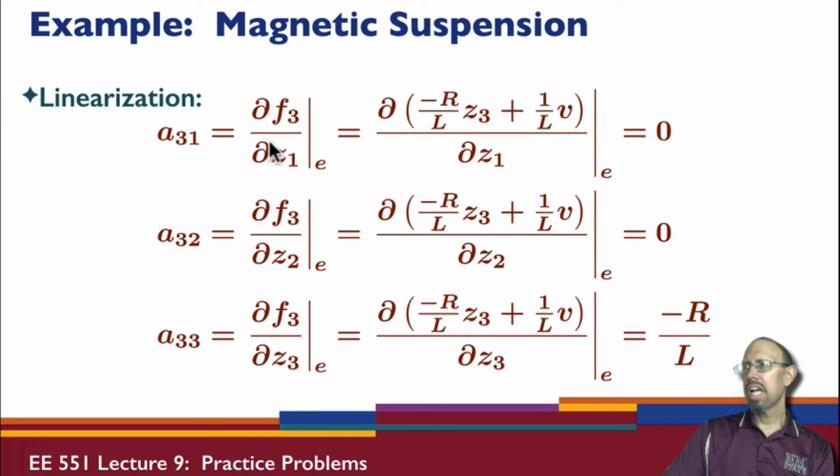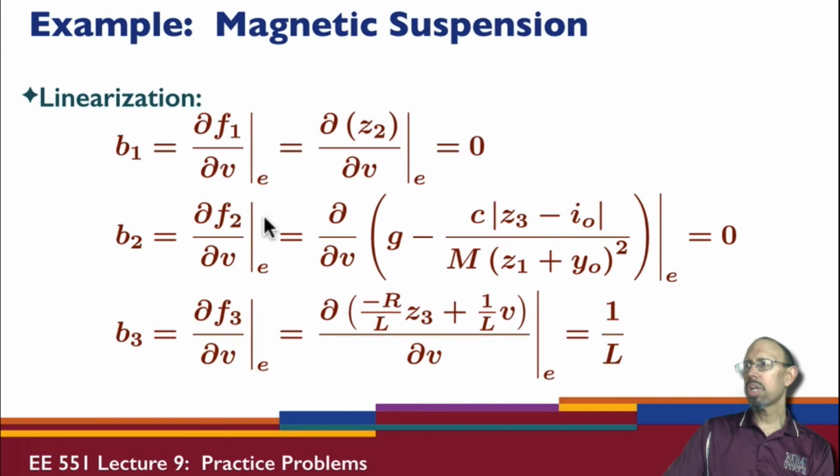The third row has this. I'm taking the partial of f3 with respect to z1, z2, and z3. So here's f3. It is not a function of z1, and it's not a function of z2, but it is a function of z3. So this is what we get. Similarly, we compute the partials of f1, f2, and f3 with respect to v.